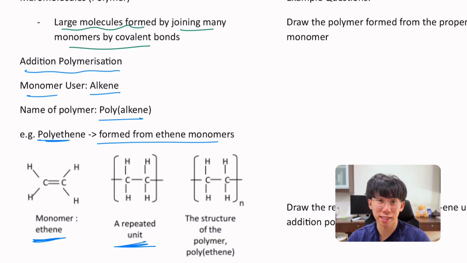A repeated unit is a single unit that is generally repeated throughout the whole polymer, or you will be drawing the structure of the polymer, which is polyethene, which is a single repeated unit but with an N over here, which shows there are N number of repeating units inside this polymer. Sometimes questions will ask you to find out the value of N, and you have to be exposed to these kinds of questions to get used to them.